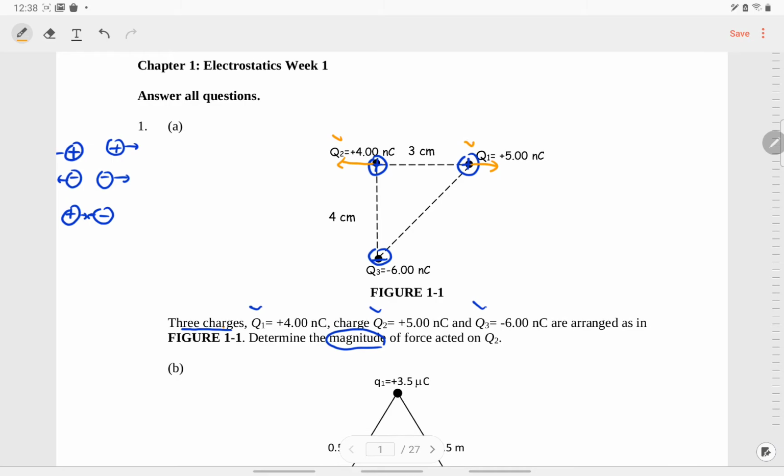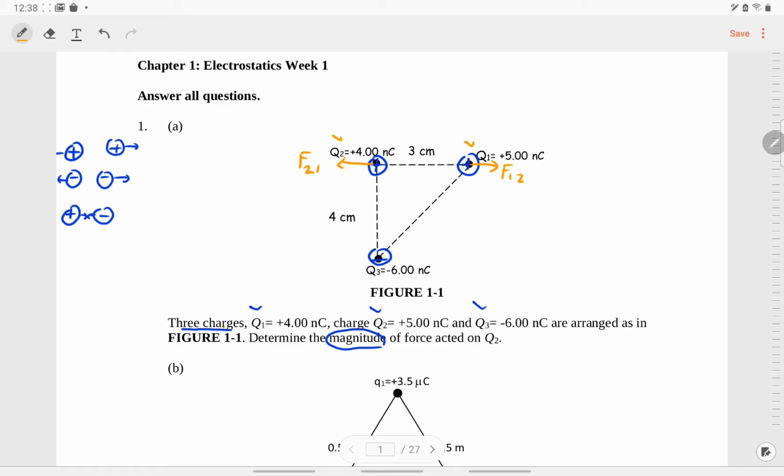Okay, so bila kita dah lukis direction of Q1 and Q2, you have to label. How to label? Macam ni, force exerted on 2 by 1. This one is force exerted on 1 by 2.